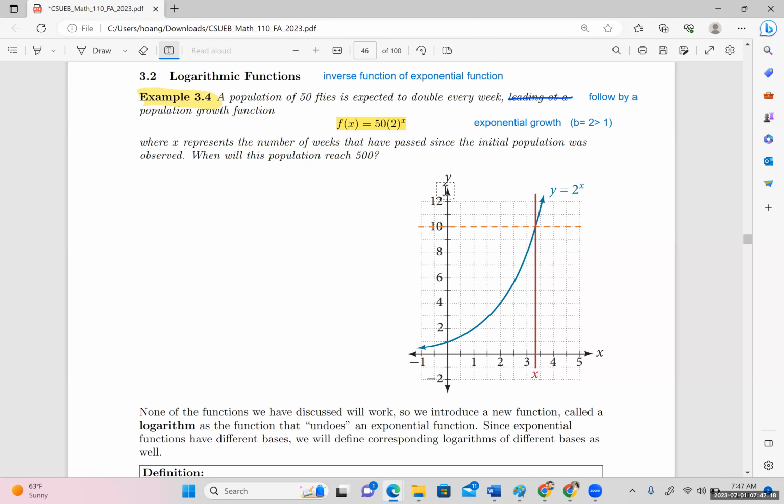And in here we have x representing the number of weeks that have passed since the initial population was observed.